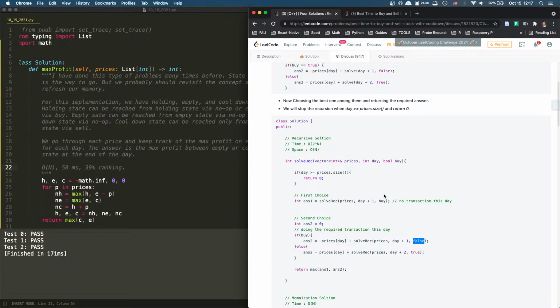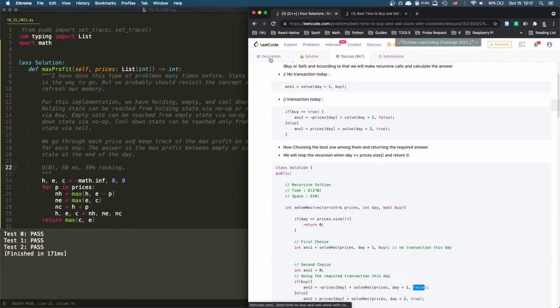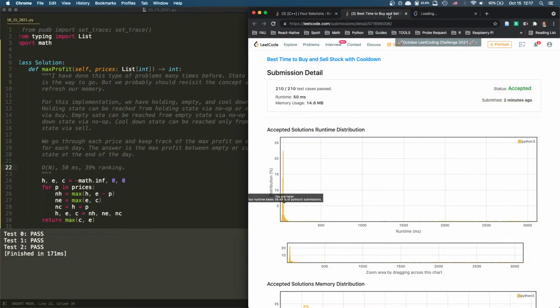No transaction today. And doing the required transaction. If it's going to be a buy, then we buy it. Wait, is it? No, the cooldown happens after sell, right? Did I mess up something?